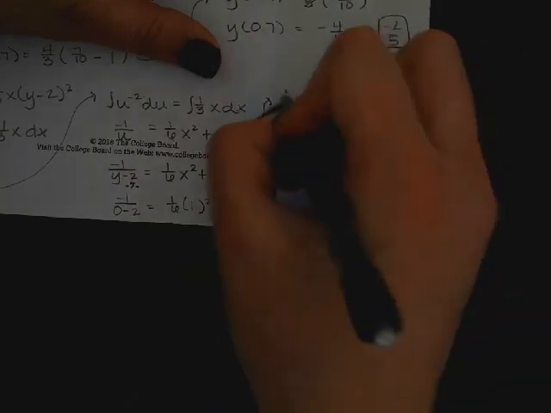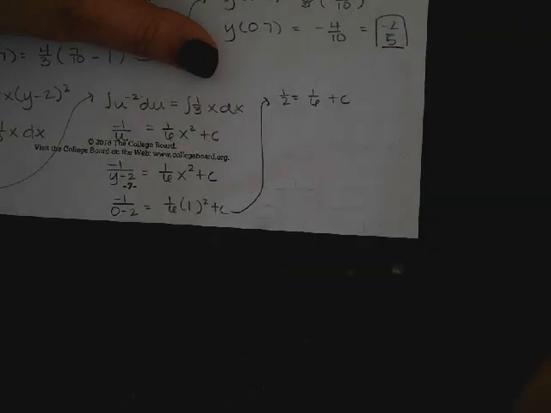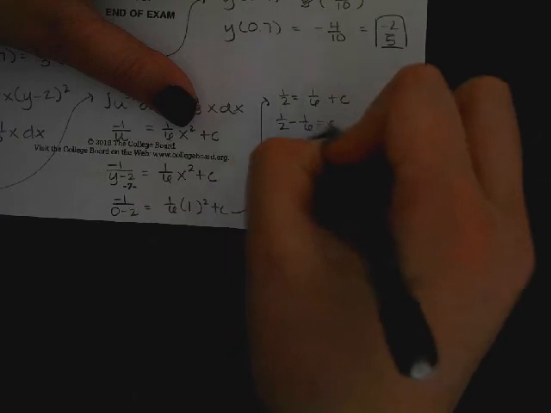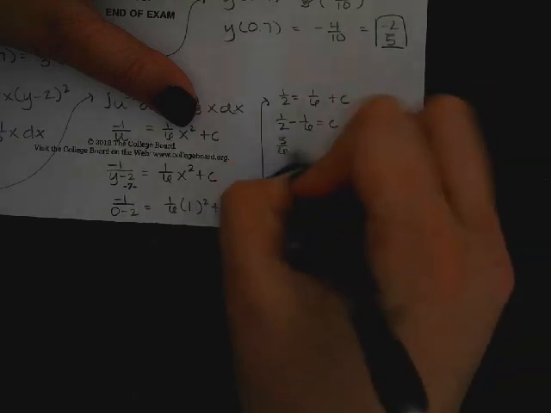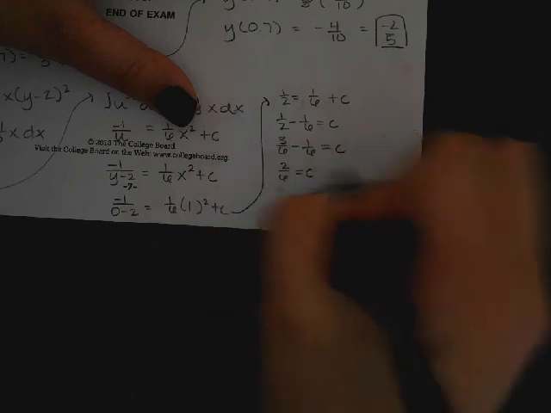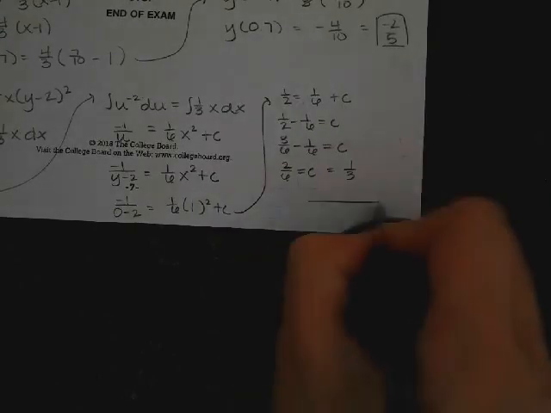Okay, so we've got 1/2 equals 1/6 plus C. So to solve for C, I've got 1/2 minus 1/6. So 3/6 minus 1/6 equals C. So that's 2/6, which is 1/3. Okay, I'm going to go ahead and go to the back.